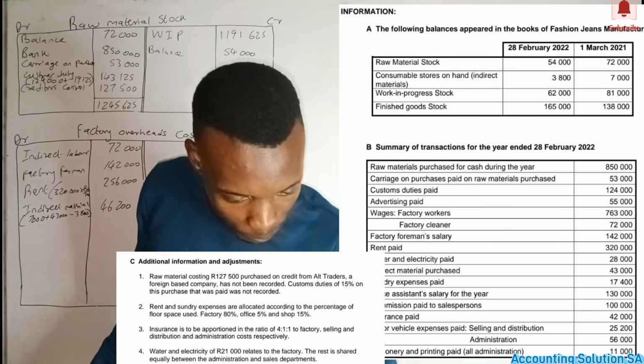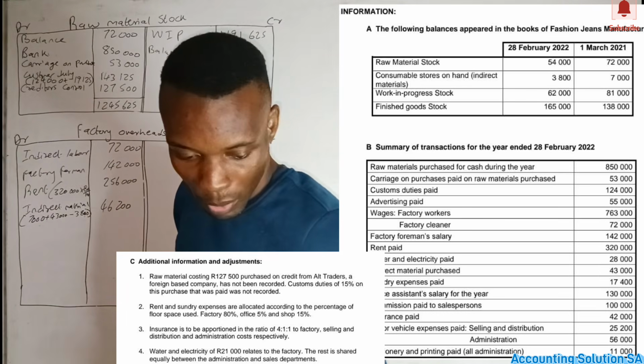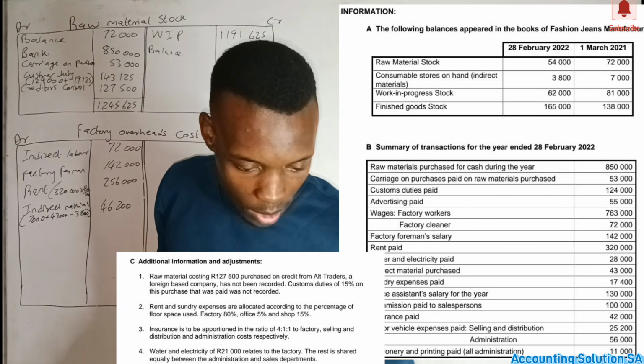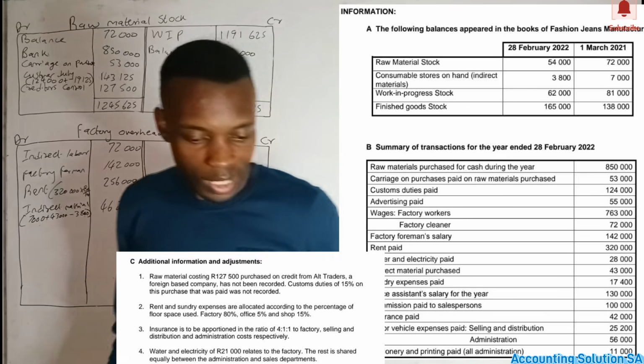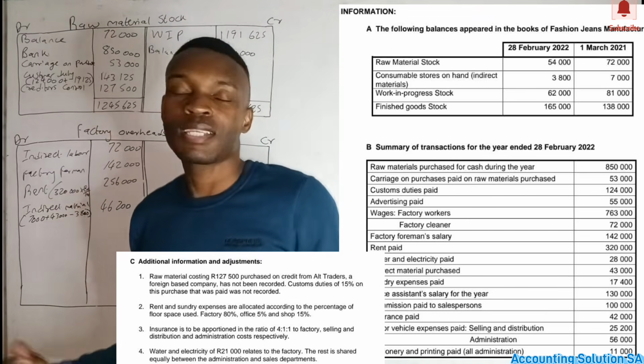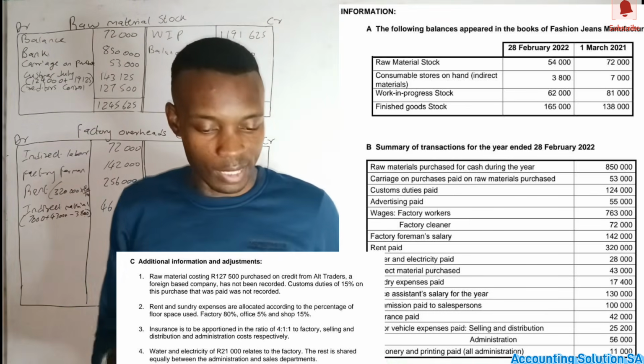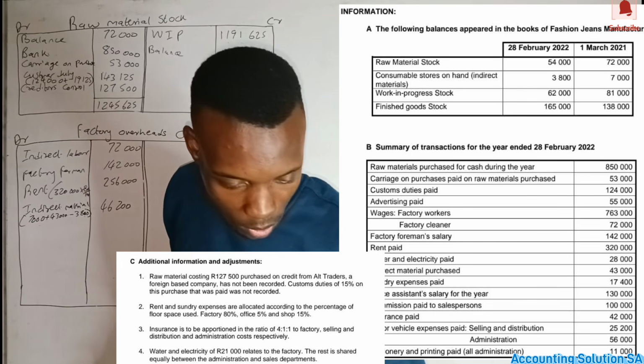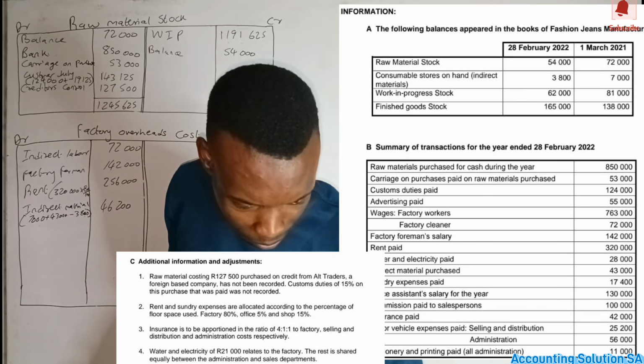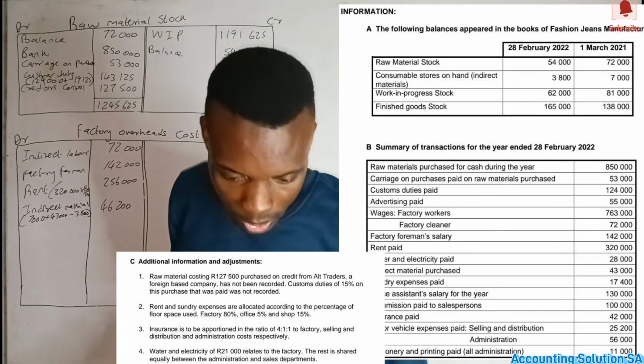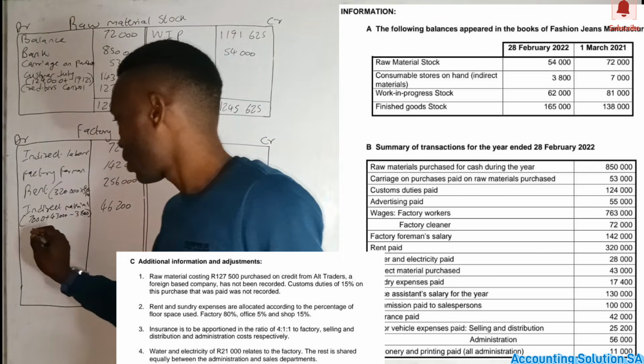Okay. Then sundry expense. Remember we read the transaction under number 2. They say the rent and sundry expense, which means that even sundry expense is 80%. So we're going to take 80% of sundry expense of 17,400.